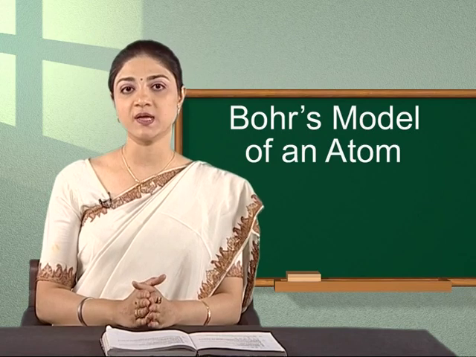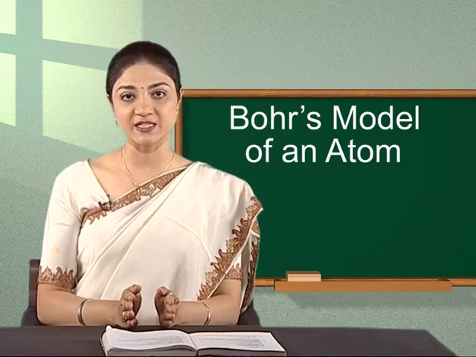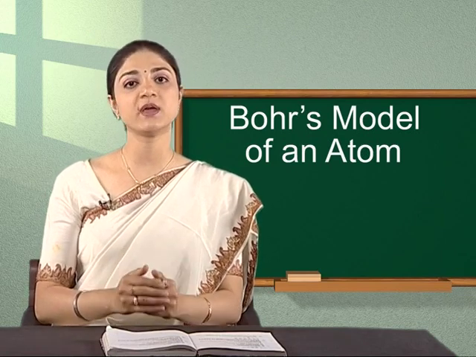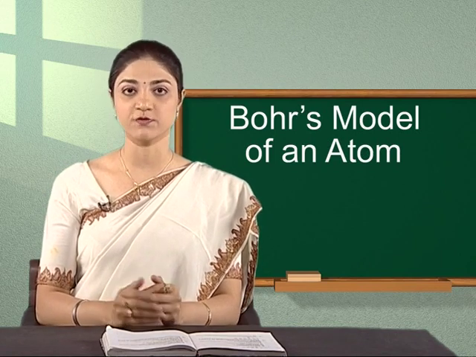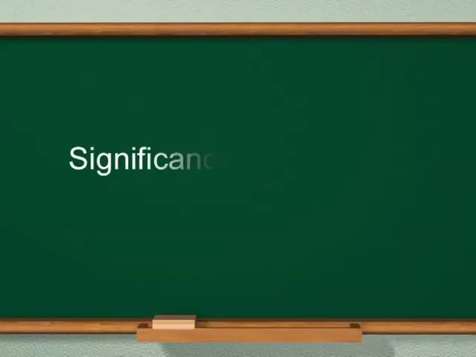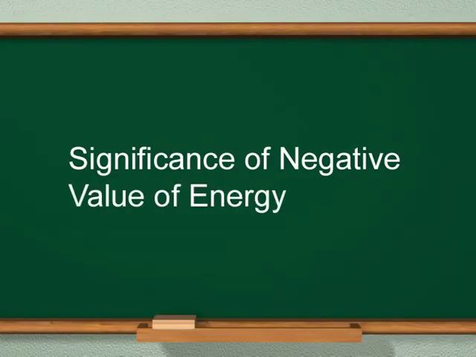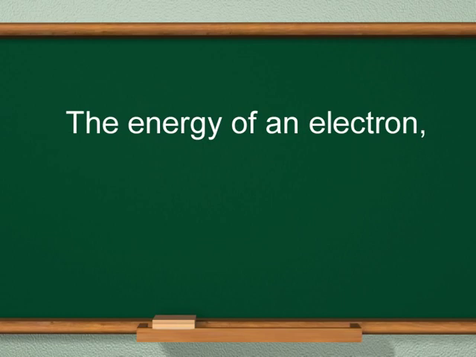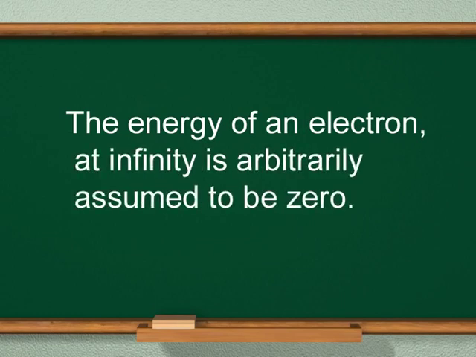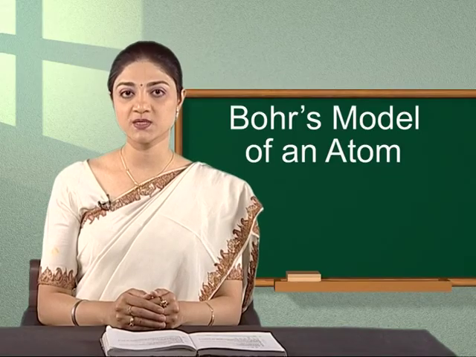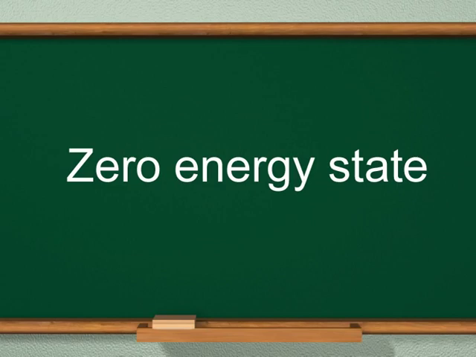The important thing to be noticed in these expressions pertaining to energy is that the value of energy is negative. Now, what is the significance of negative value of energy? The energy of an electron at infinity is arbitrarily assumed to be 0. This state is called zero energy state.